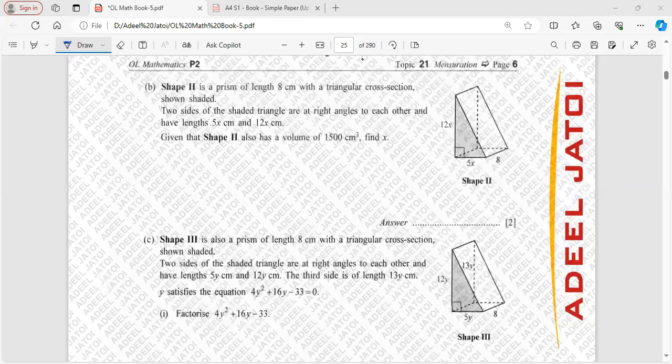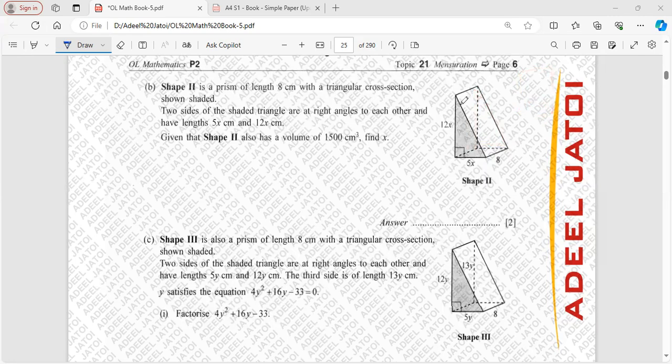Now working with part B of the same question. It says shape 2 is a prism of length 8 centimeter with a triangular cross section. Now remember, triangular cross section, what does it mean? This triangle continues from here till the end. That means this triangle is made from start till the end. One thing is always base area into height for the volume, right?